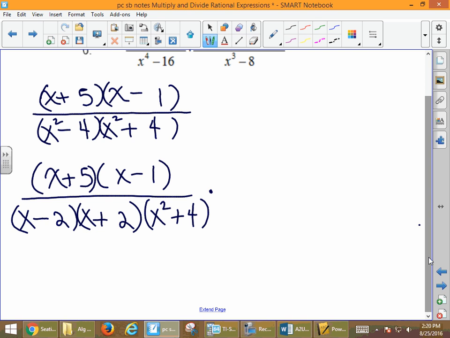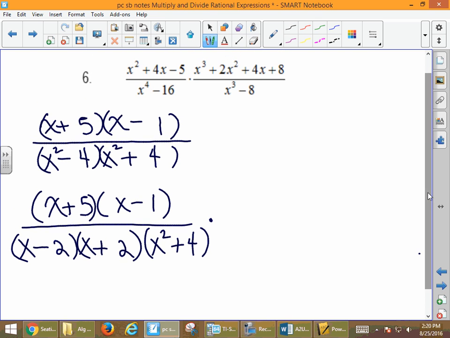And then as we look over here at our next rational expression, we're going to factor by grouping. And there's a group here, and there's a group here, and I'm going to do a little bit of work here, and then I'm going to bring it down there. Well, the GCF in the first group is x squared, and we're left with x plus 2.